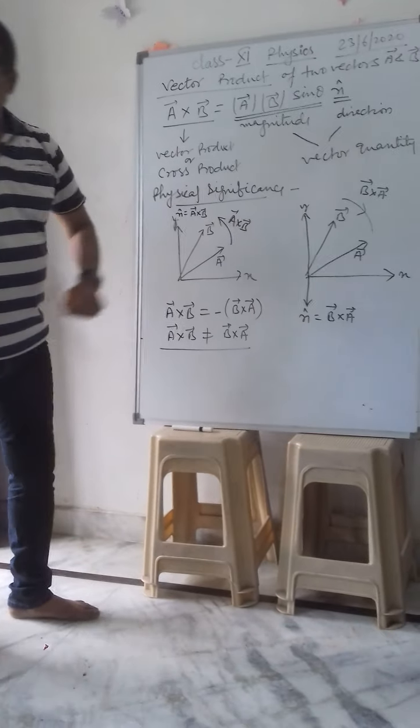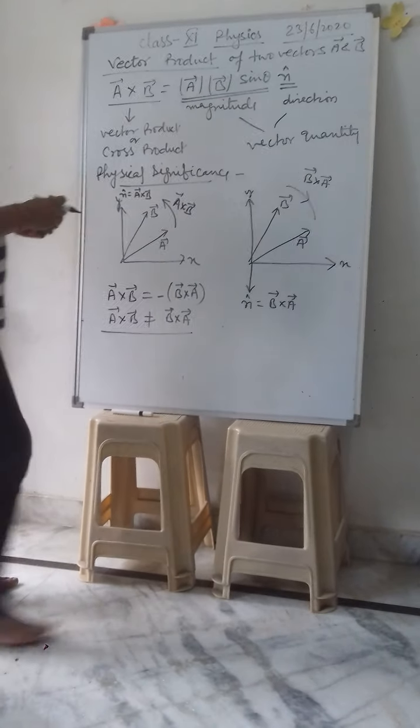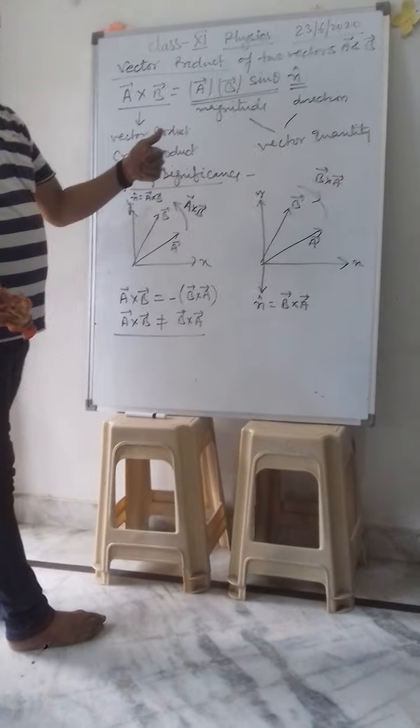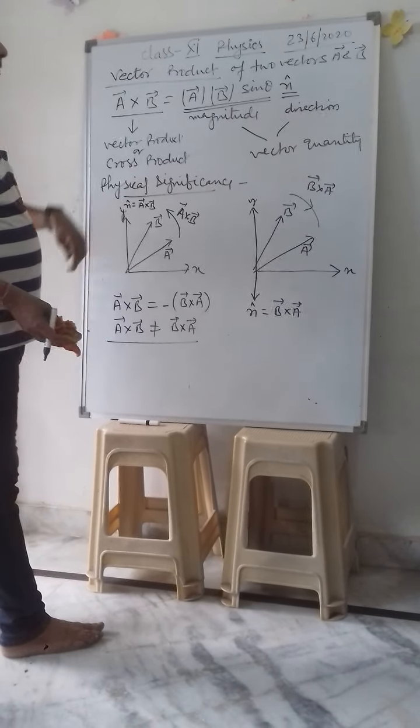Okay? Now how can we determine the angle between given two vectors?